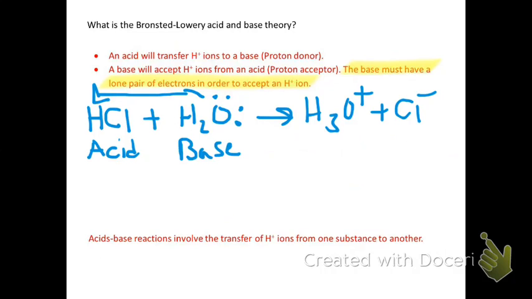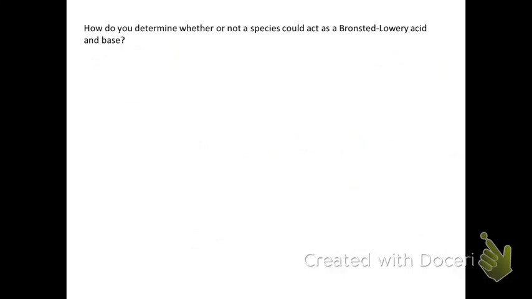So, we'll highlight here: acid-base reactions involve the transfer of H+ ions from one substance to the other, from the acid to the base. So I'm going to do a generic reaction.